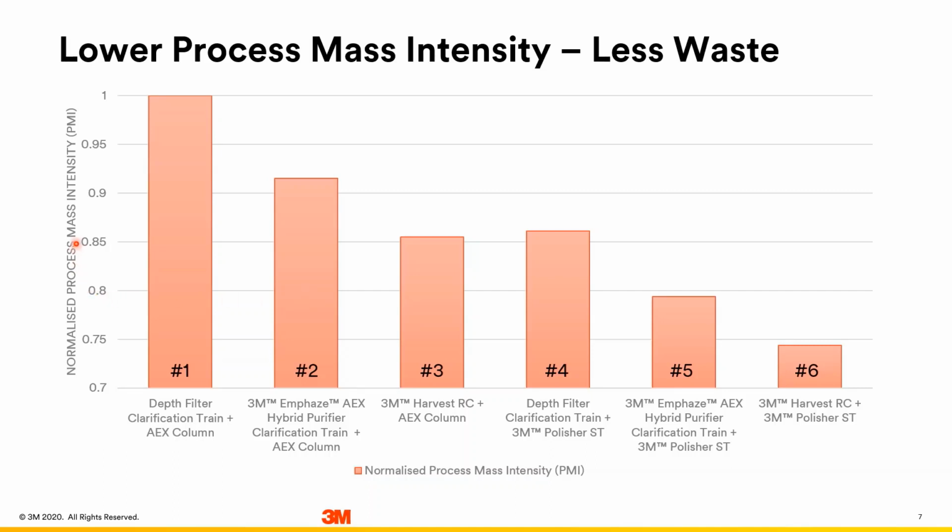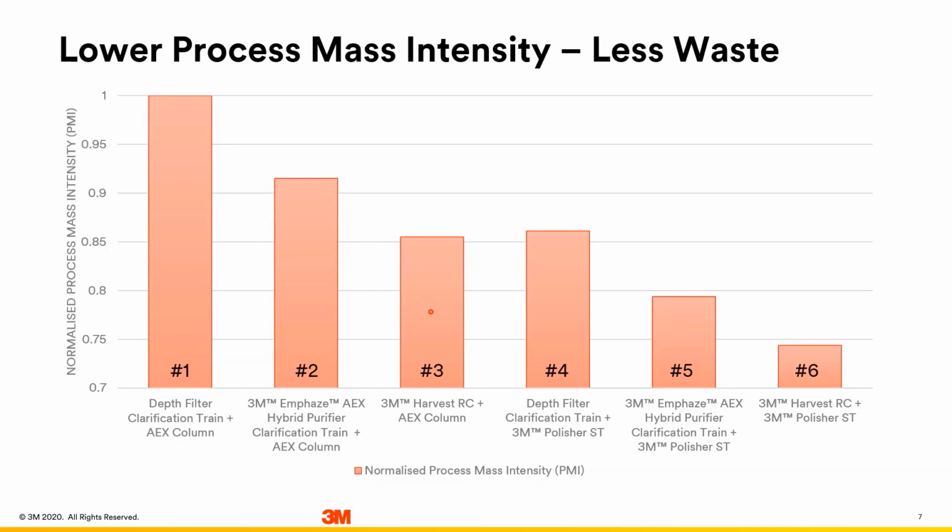Here we plot process mass intensity for each of the different processes that we modeled, so from 1 to 6, and we can see a general downward trend in the process mass intensity from process 1 to process 6, and this is because with each iteration of the process, unit operations are getting smaller, and the process is becoming more efficient, and therefore we are needing to use less of those things.